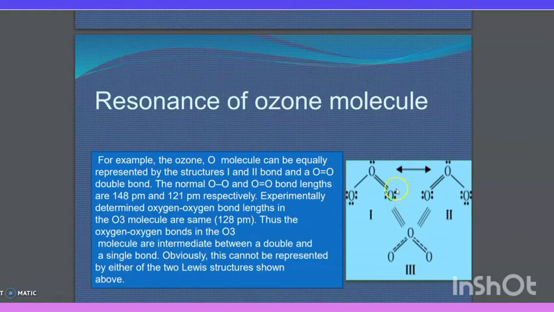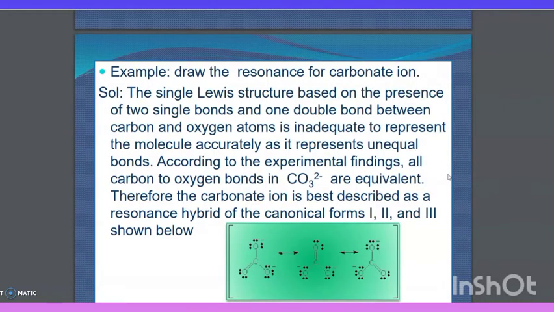If the lone pair of electrons shifts here, this structure is formed. If the lone pair shifts here, we'll get this form. Similarly, these are the canonical structures. This is occurring due to the movement of lone pairs of electrons or negative charges.